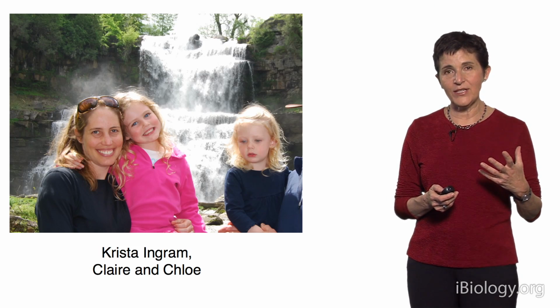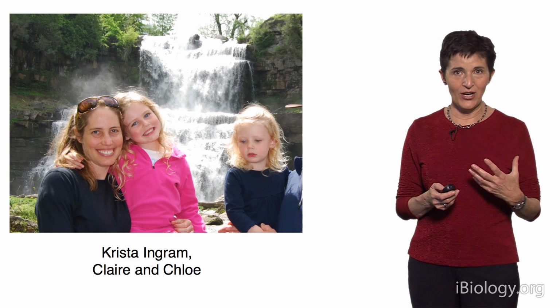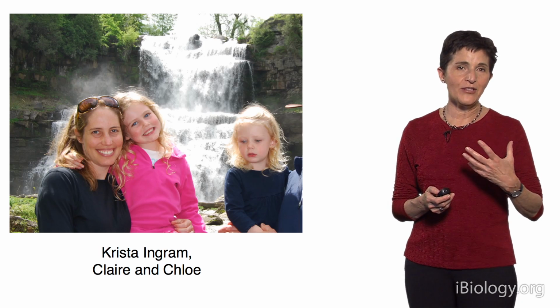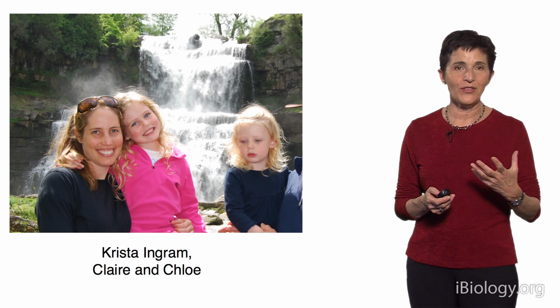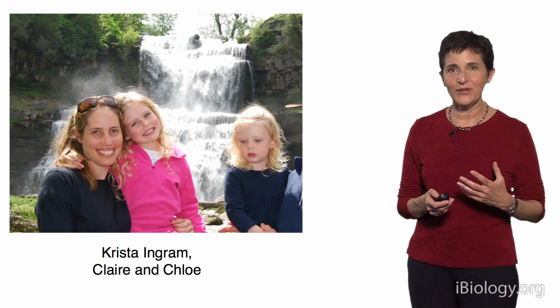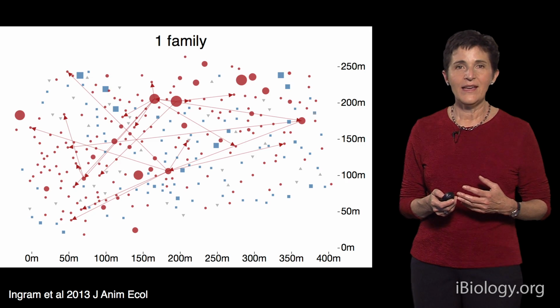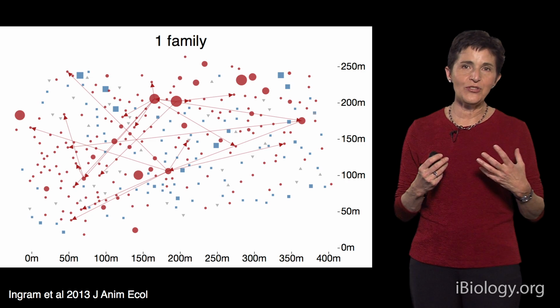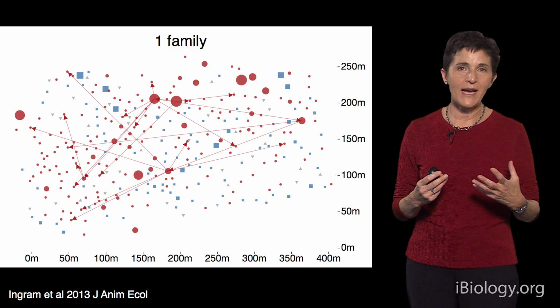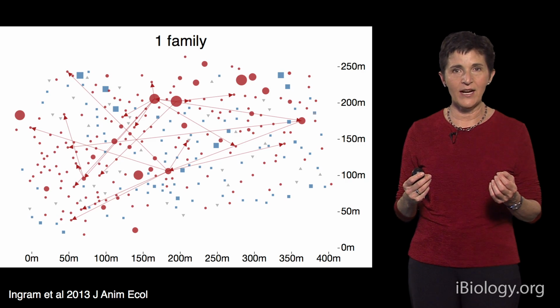So the story that I want to tell you is a story about mothers and daughters, and so I'm going to show you the people who worked on it with their daughters. This is Krista Ingram with her daughters, Anna Pilko with her daughter, and there I am with my daughter Eleanor. And we were able to use genetic variation to match up parent and offspring colonies.